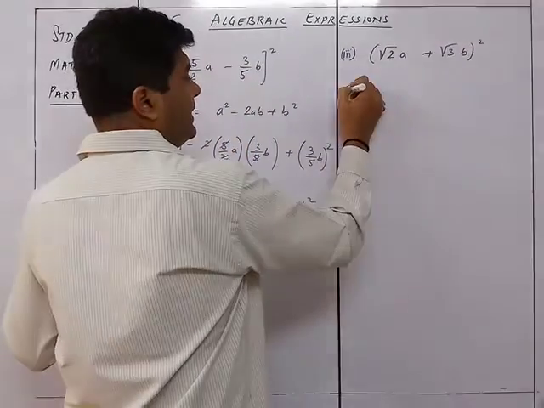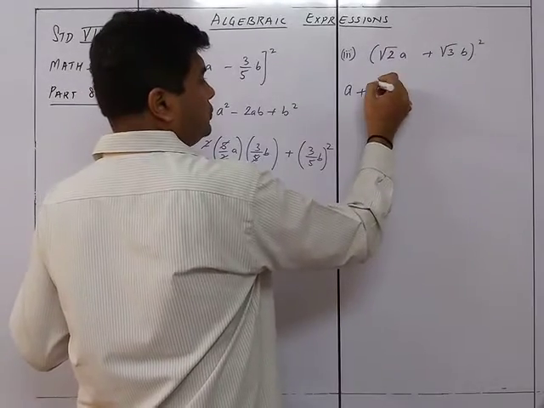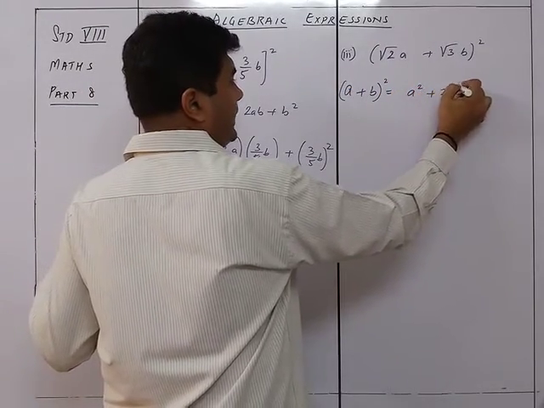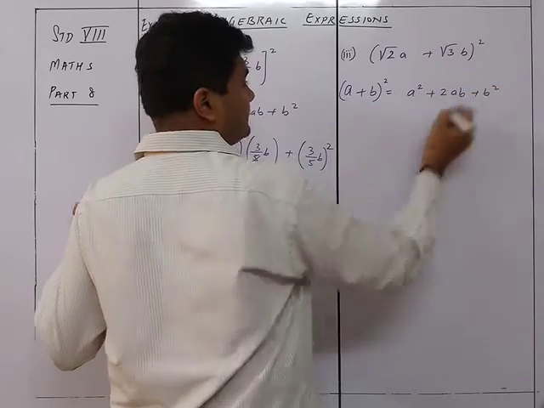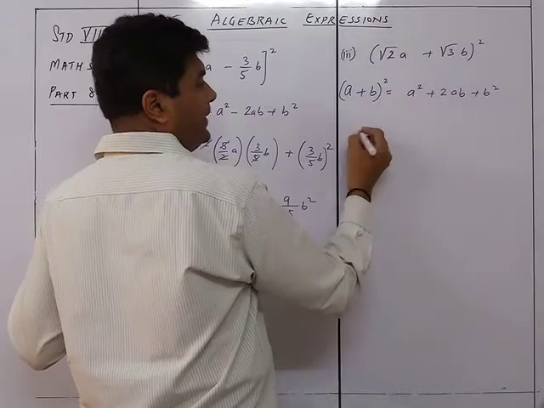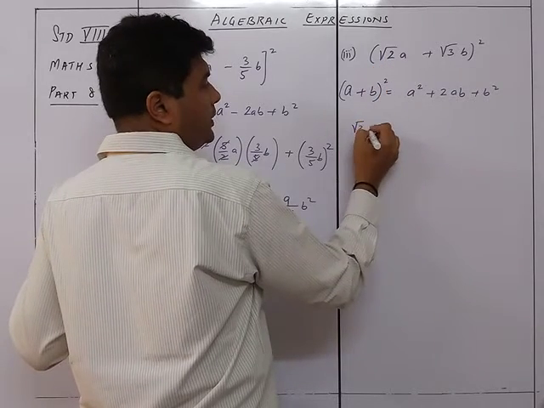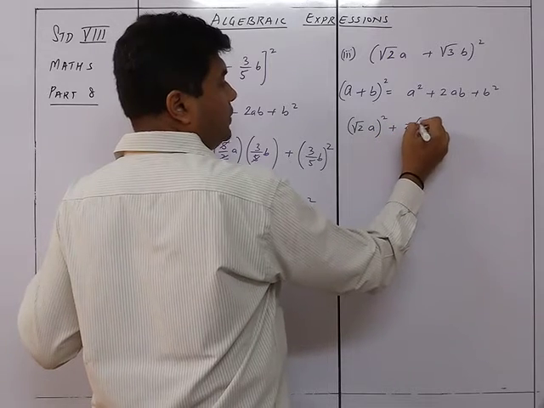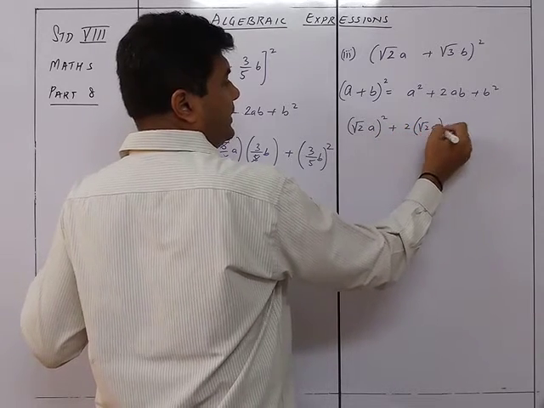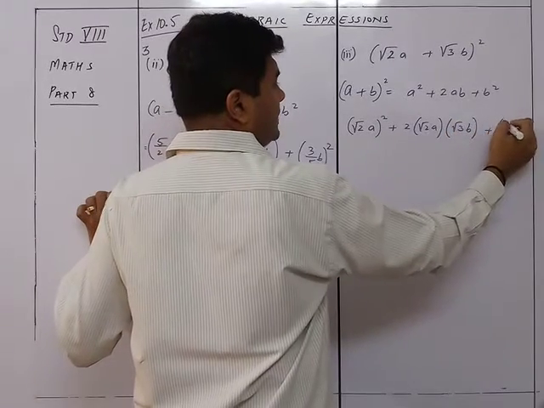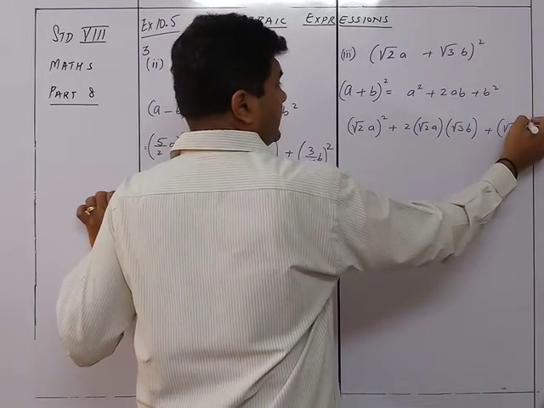So this is the formula, (a plus b) the whole square is equal to a square plus 2ab plus b square. Value of a is root 2a, so it is (root 2a) the whole square plus 2 into root 2a into root 3b plus (root 3b) the whole square.